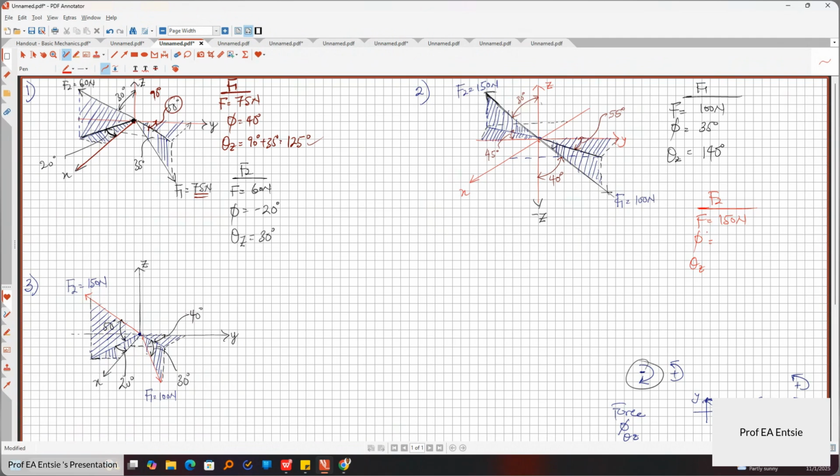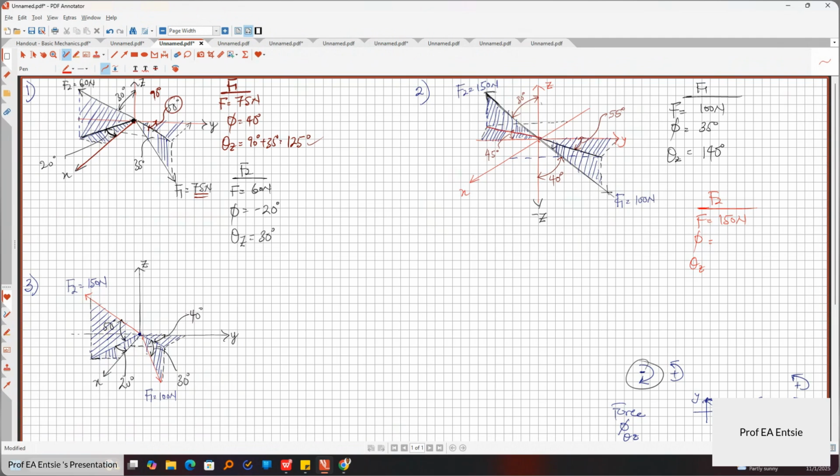That is the angle between the positive x and the base of the plane. Here is the base of the plane. And from the base of the plane to the y-axis is 45.